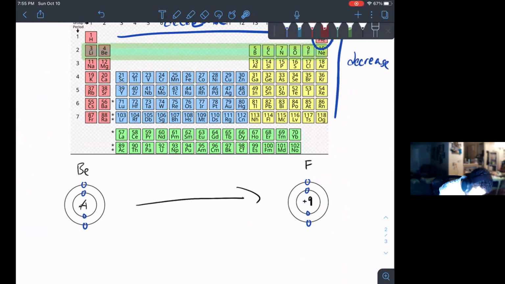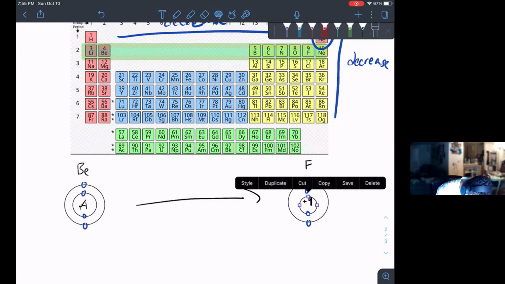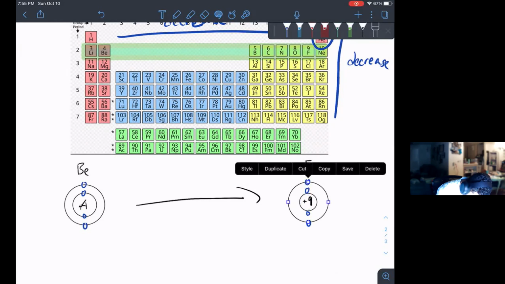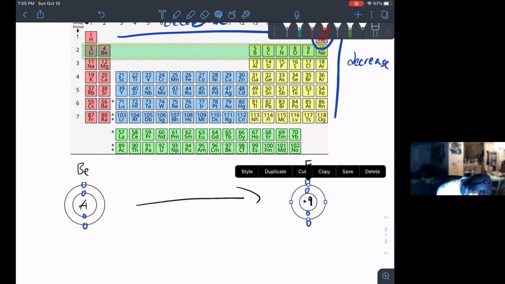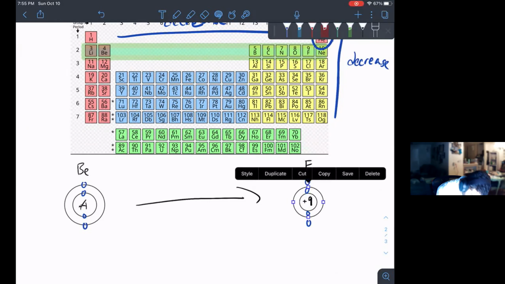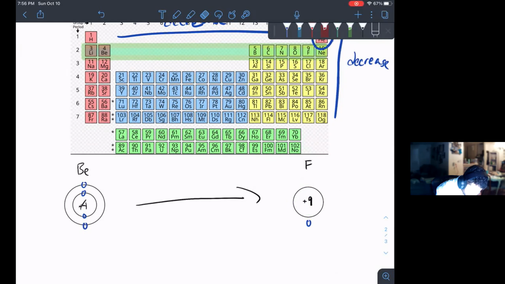So what's actually going to happen is this inner ring is going to get smaller, and so is this outer ring. That's going to get smaller too, because there's 9 protons.